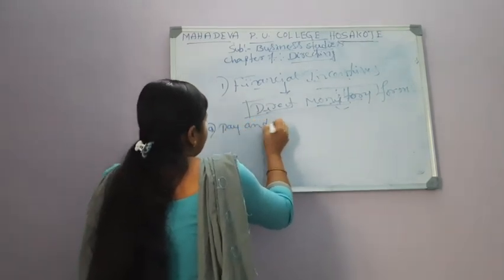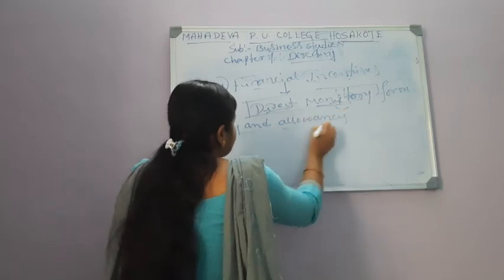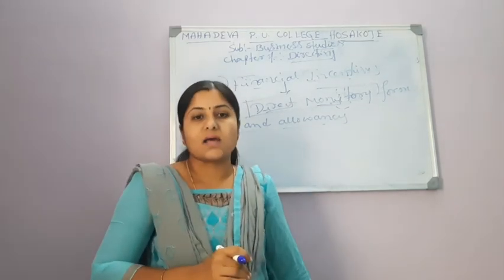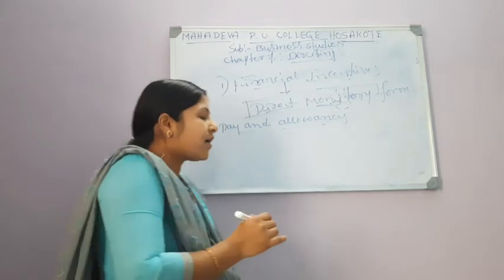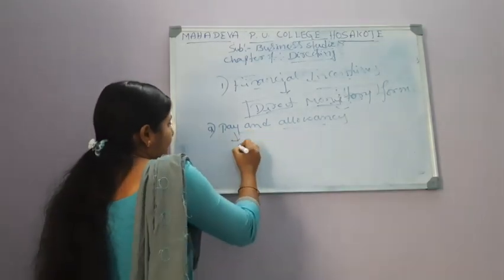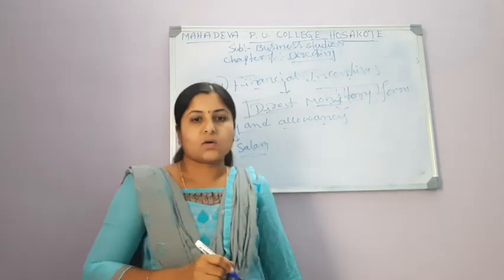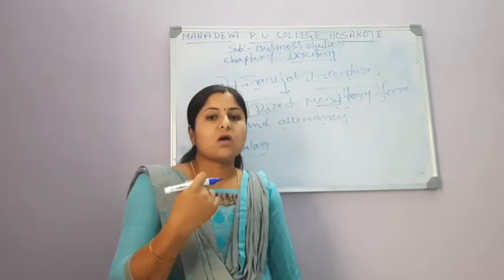Pay and allowances. This is one form of financial incentives, called pay and allowances. What is pay? To every worker we pay salary. Salary is the basic payment provided to the workers.